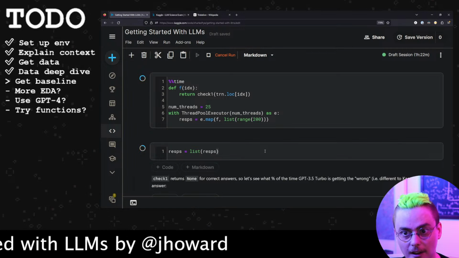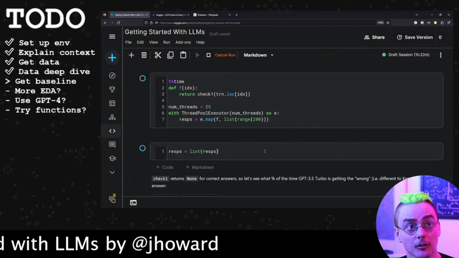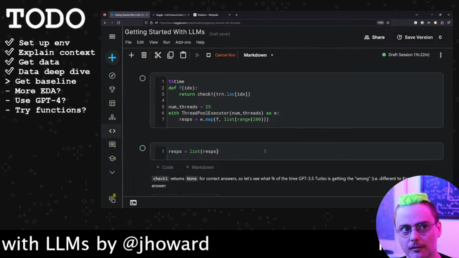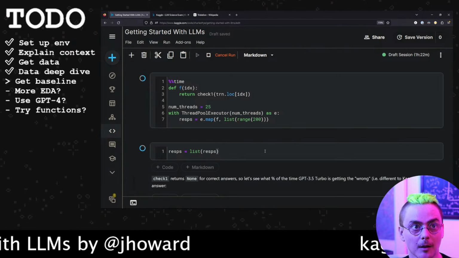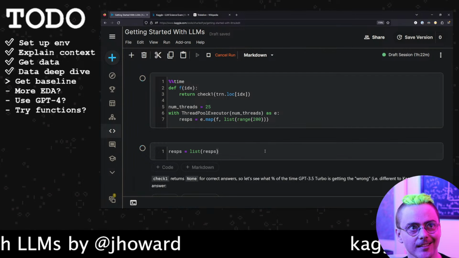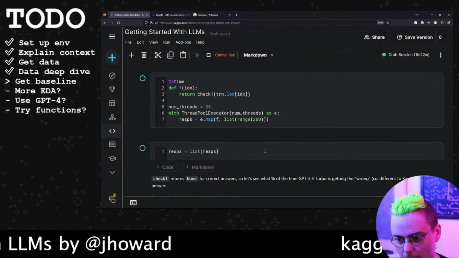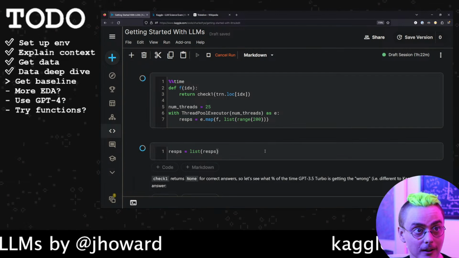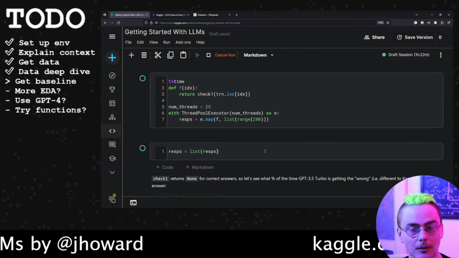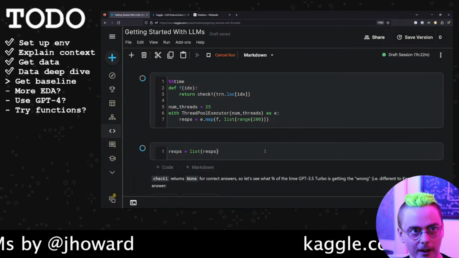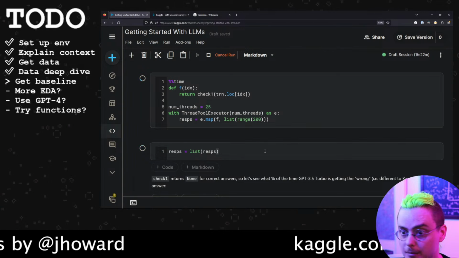Some things are going to take longer than others. Some requests have more tokens, so it takes longer for the model to respond just because it has to do more processing. Sometimes you get caught in line when you're querying an external service, even if it's one that you're running yourself. If you have a large load, you're going to have to handle batching, holding on to jobs for a while, creating a job queue.